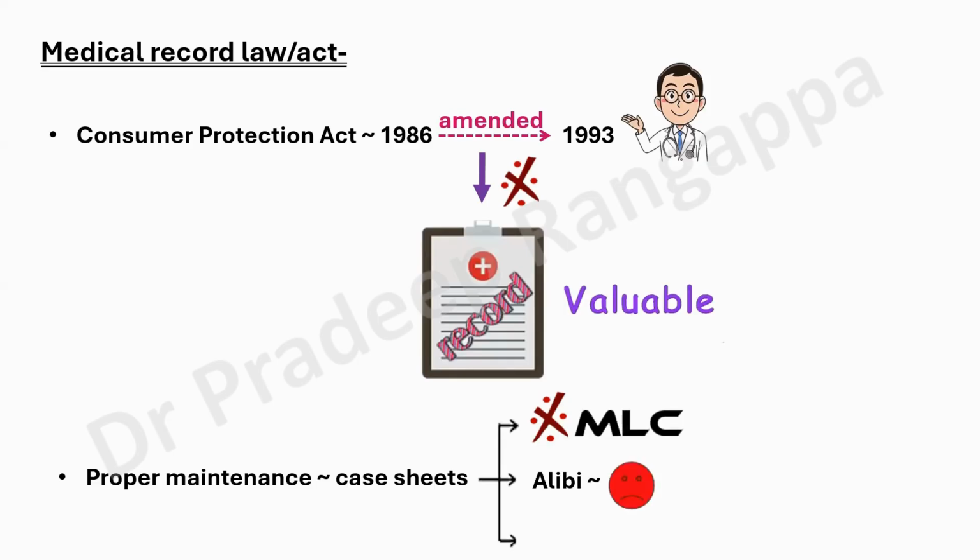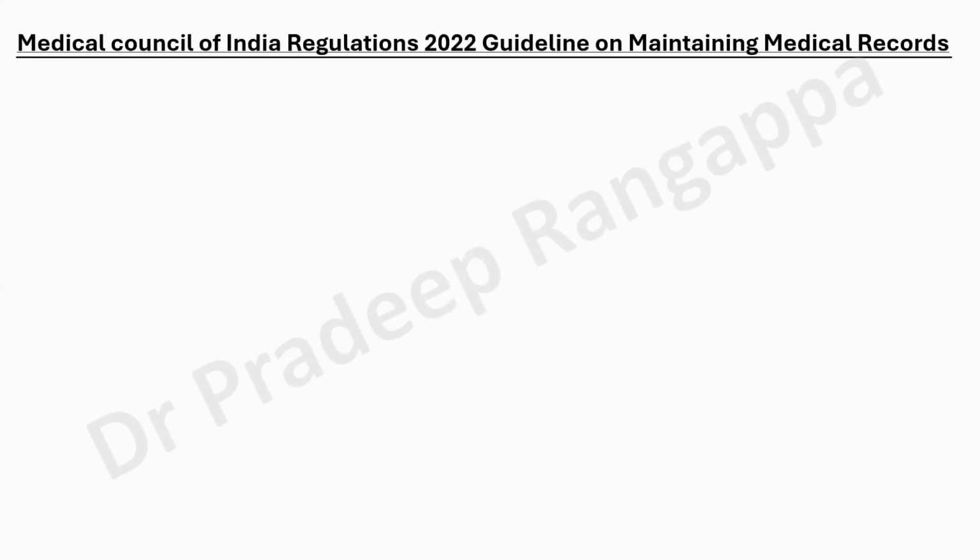Proper maintenance of case sheets can be an alibi for the patients, and all your case records, all the documentation that you have done as a medical record, is a legal document. So it can be used in a court of law for saving you, or for going against you, or for litigating against you. So this is something you have to bear in mind. Whatever you put in the system in writing becomes a legal document.